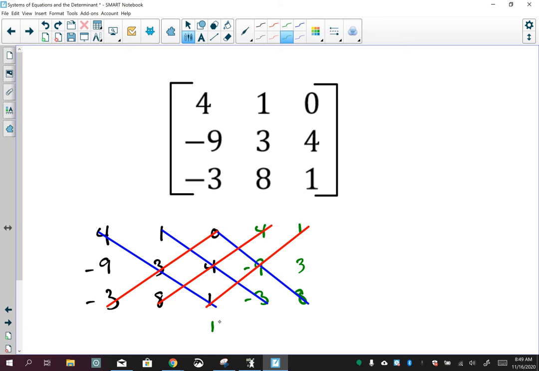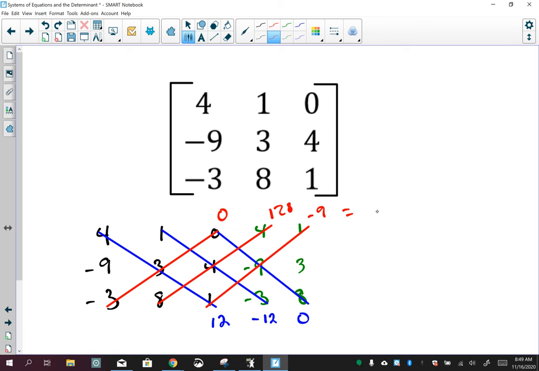So this is going to be 12 and -12. Let's switch colors here. 12, -12, and 0. And then up here we have 0. And then, let's see, what is that? 128 and negative 9.